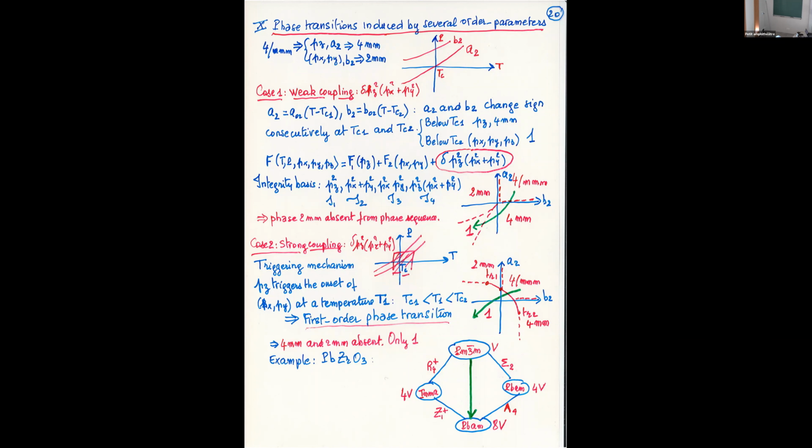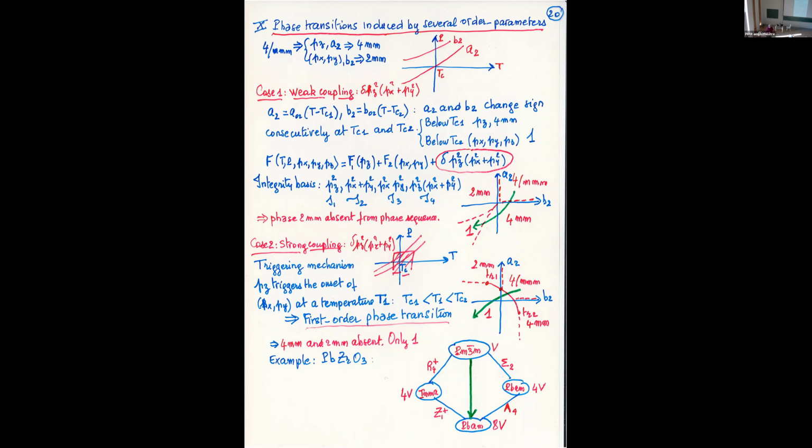The physics is that you see the triggering mechanism can be in both senses. Either the one which is close to second order, let's say, triggers the other one, or the other one triggers. In reality, what will happen is that the transition appears to be squeezed in a small region.